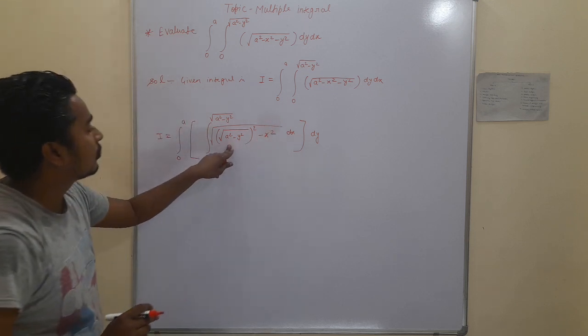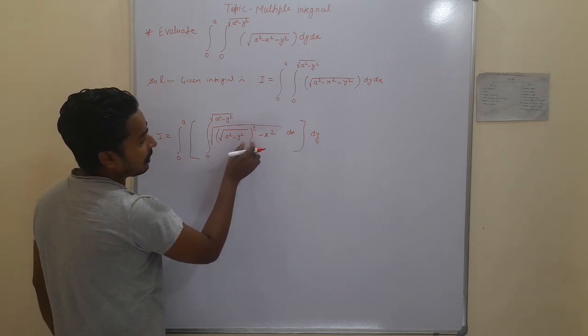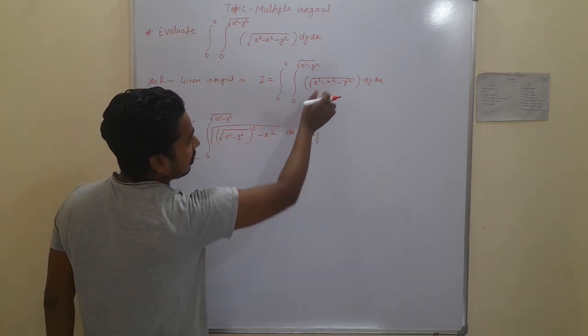When squaring under root of a square minus y square, we get a square minus y square, and minus x square, so we get the above result.